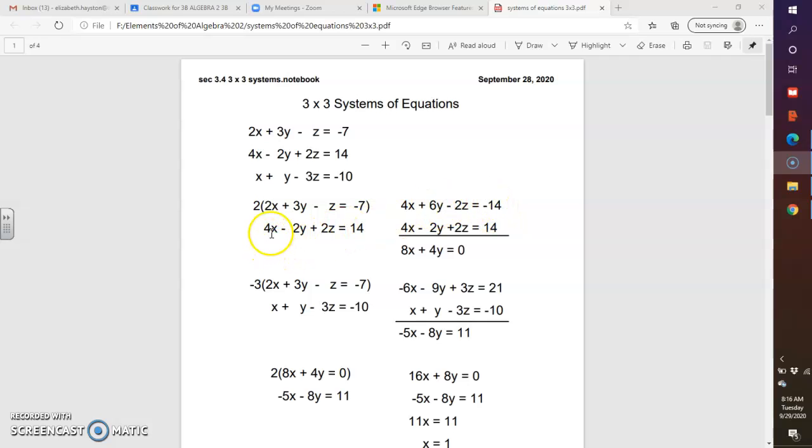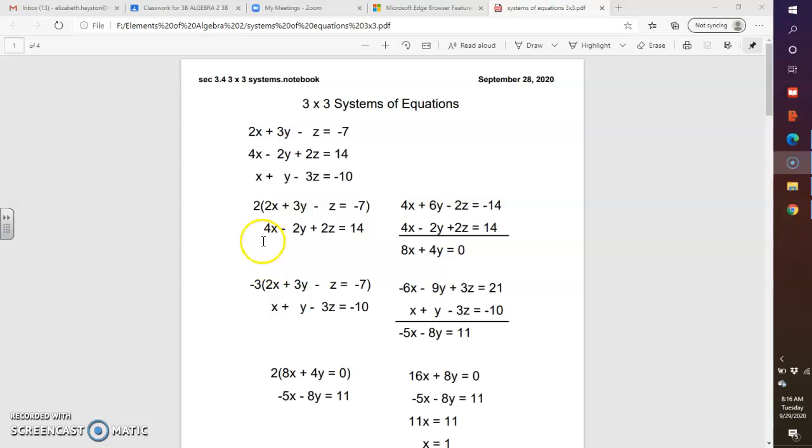Here, I don't have to multiply anything because you already have a positive 2z, so it's 4x minus 2y plus 2z equals 14. Now the negative 2z and positive 2z cancel, and I combine 4x and 4x is 8x, 6y and negative 2y is 4y, and negative 14 and 14 is 0. So we get 8x plus 4y equals 0.